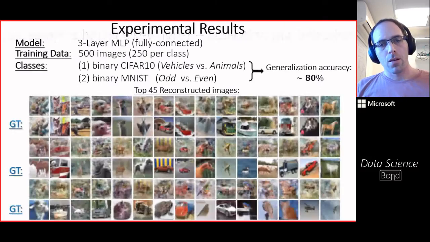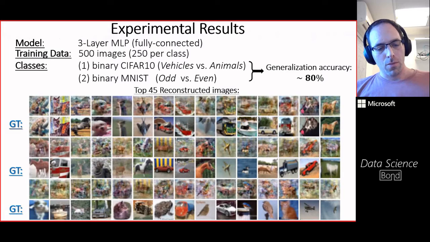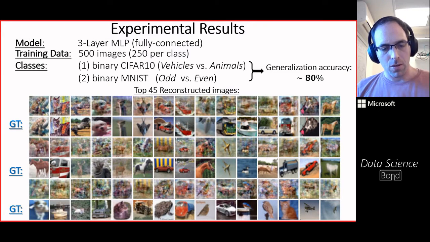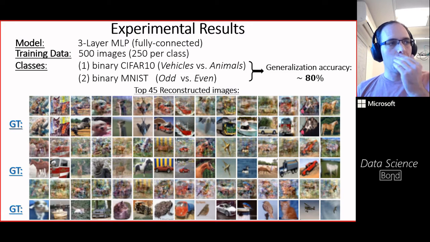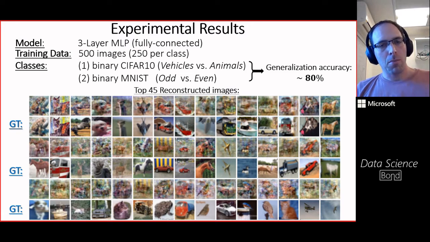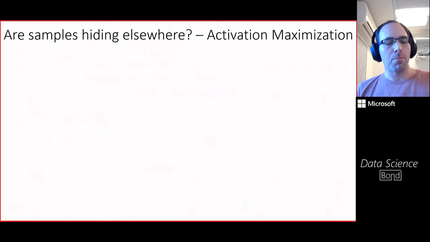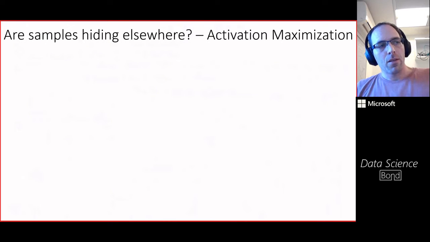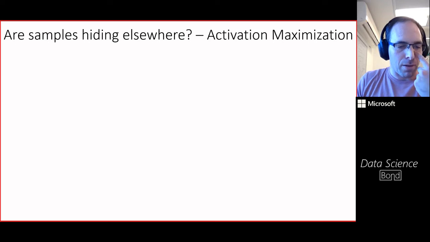Okay, so we show these methods on relatively small scale models, so on MLPs. And the question is, maybe for these very simple models, you could actually retrieve these samples in a much simpler way, right?